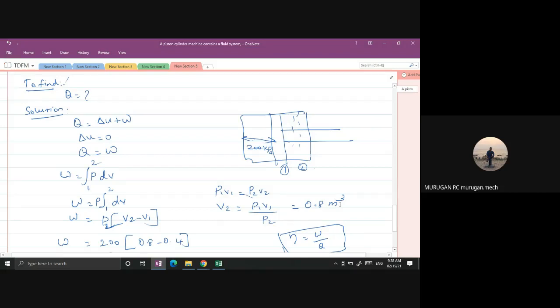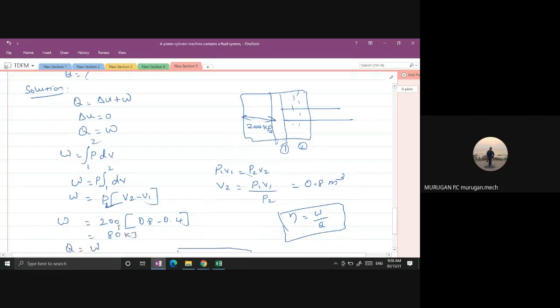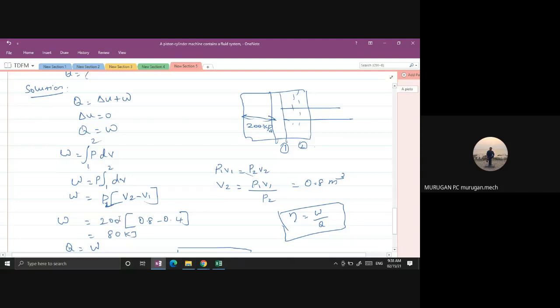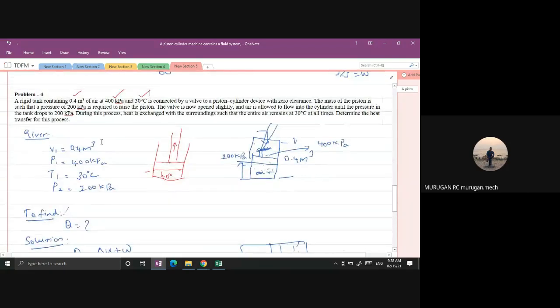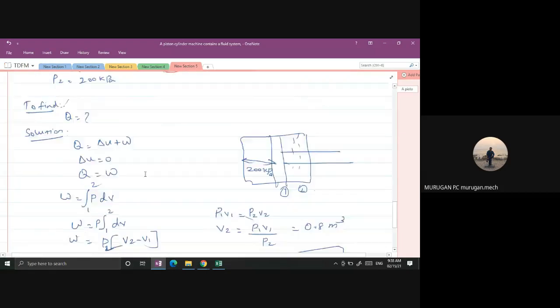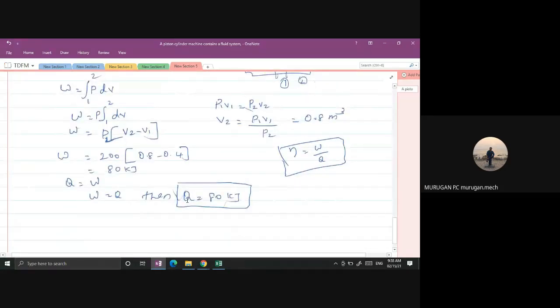Then substituting the pressure P2, 200 kilopascal into 0.8 minus 0.4, W is equal to 80 kilojoule. In this question we have to find the heat transfer, so Q is equal to W. Therefore Q is equal to 80 kilojoule.